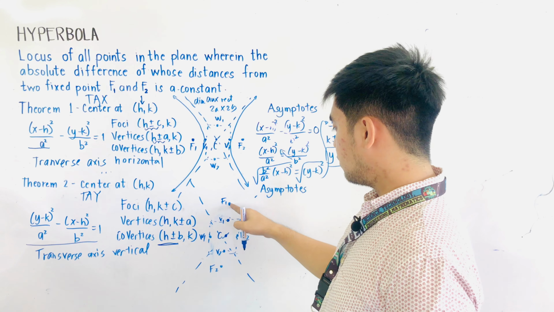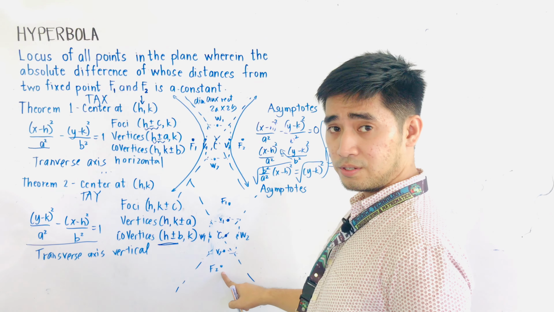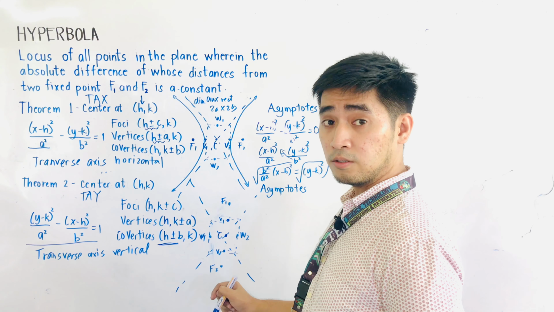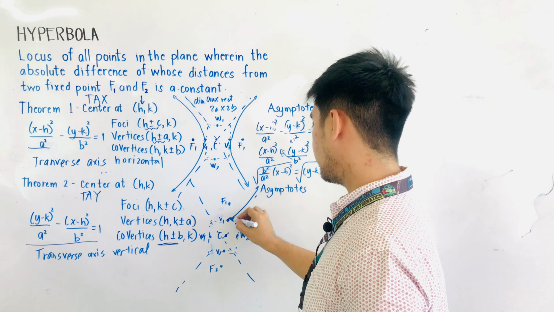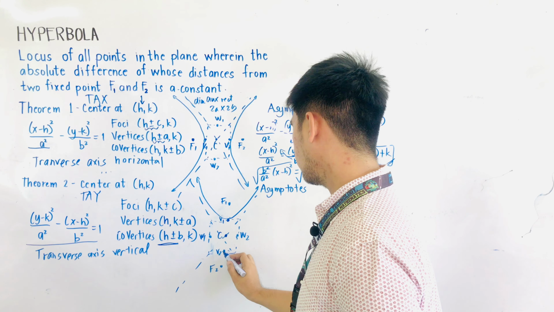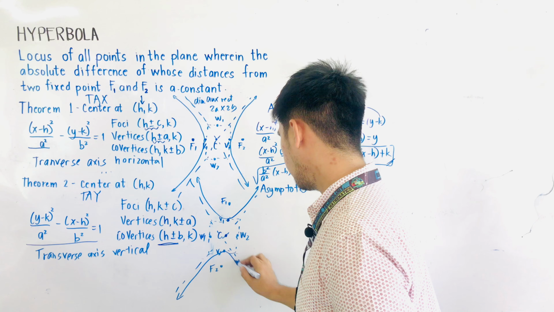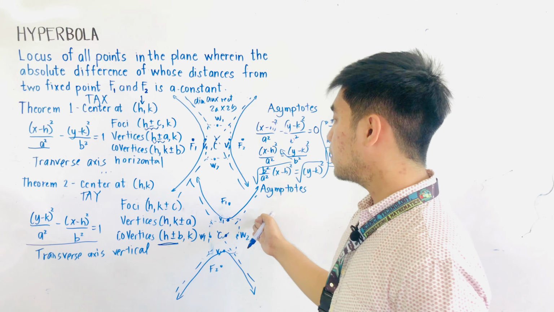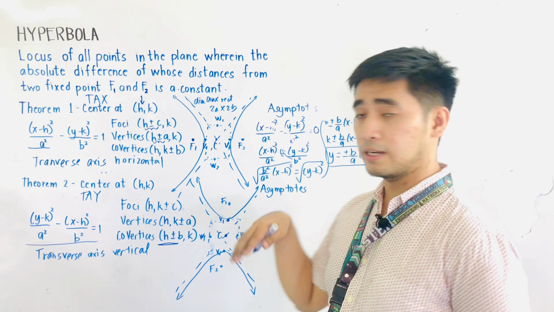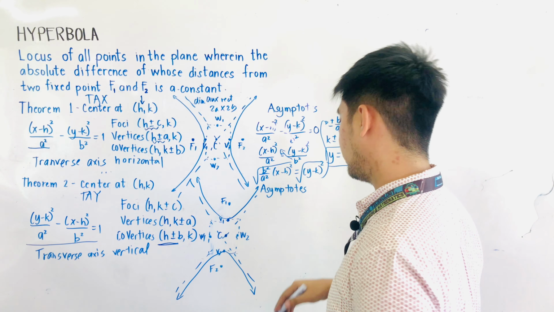Since we have here the foci, therefore, this hyperbola is opening up and down, because the transverse axis is vertical.